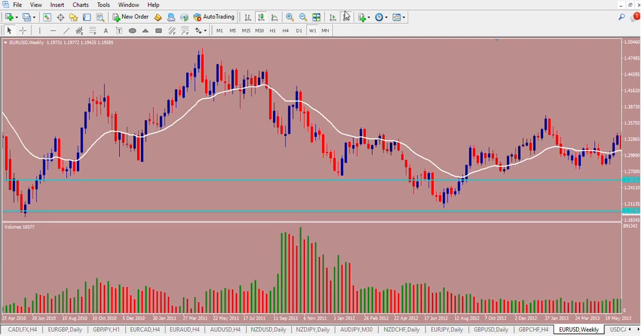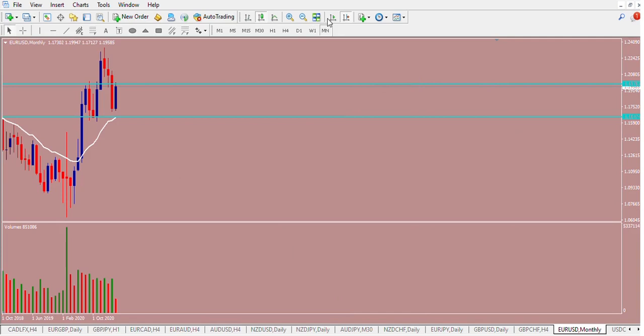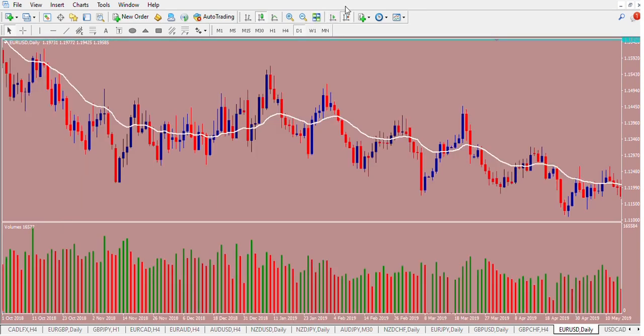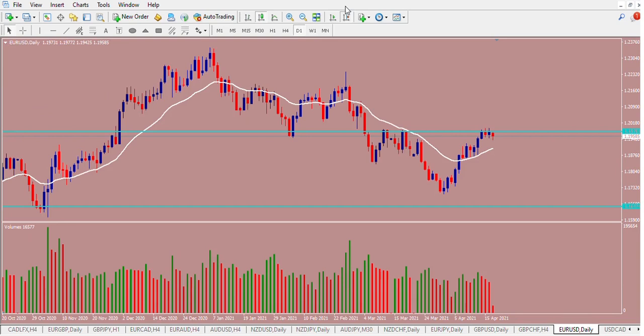Now this is the weekly time frame. Now what is my main time frame here? The monthly. The monthly is the main time frame, but at the same time we have a monthly time frame target, and so we go down to the daily time frame. Now this is a flag.